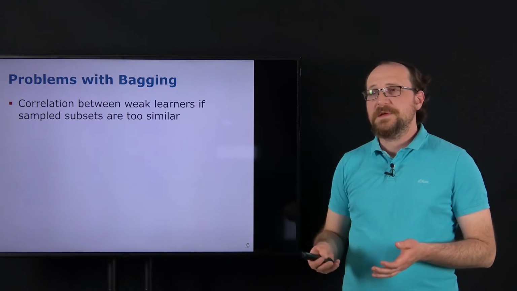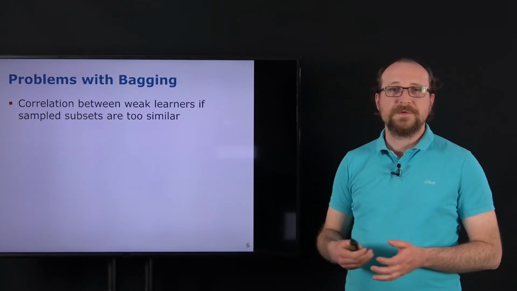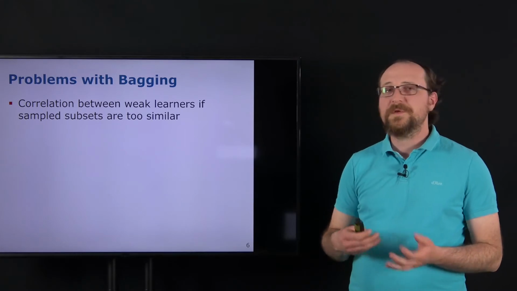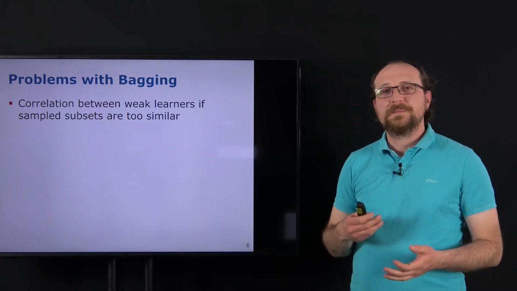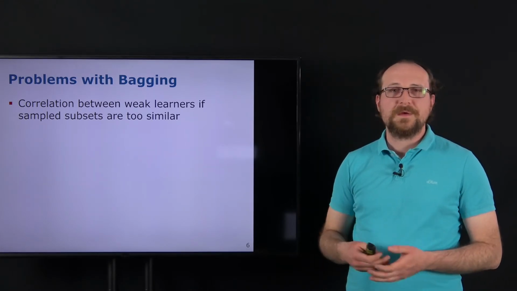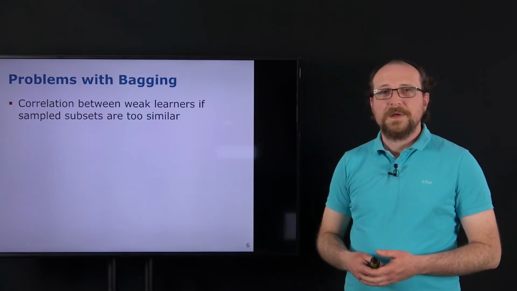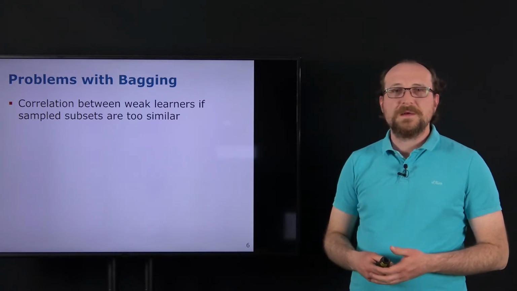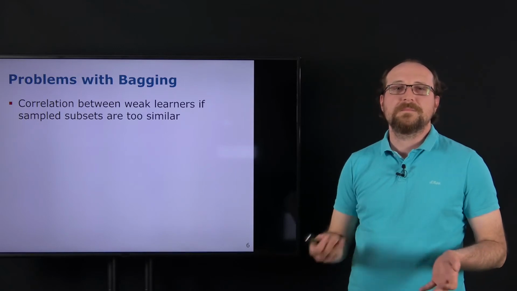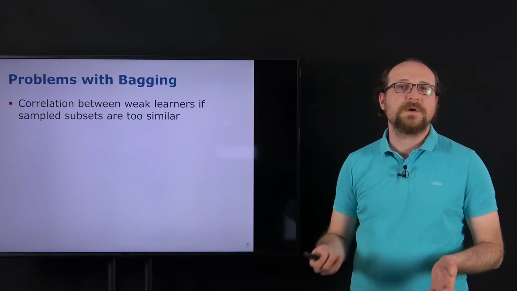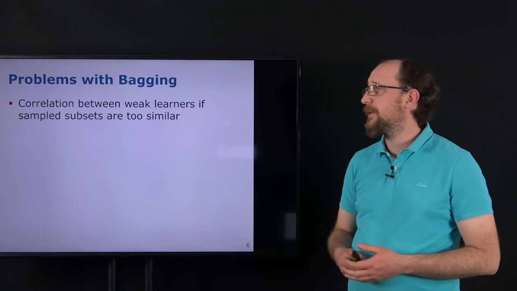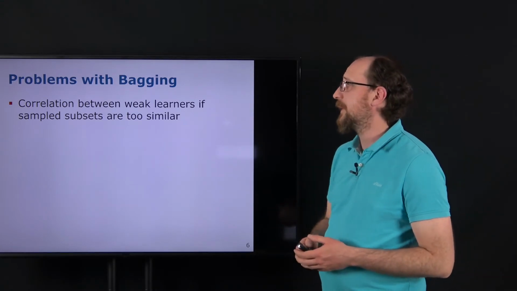That means the classifiers that we learn from this, the weak learners, are not very different from each other, so their predictions will also not be that different. And when we combine them, they will not turn out to be very different from what we got in the beginning with the weak learners. So this is one problem.